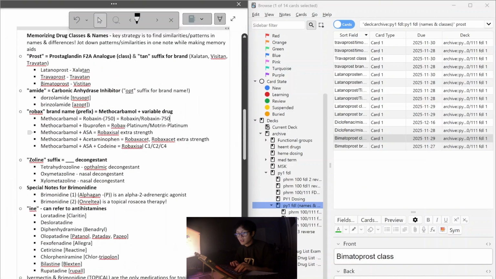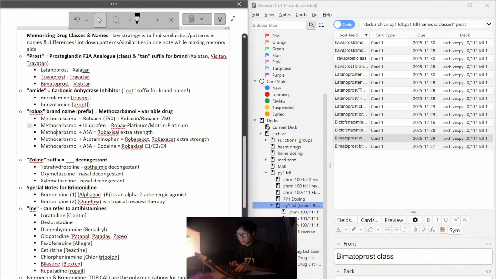And then if we have methocarbamol and ibuprofen, we get Robax Platinum and Motrin Platinum. Okay? Methocarbamol plus acetylsalicylic acid gets you Robaxisal, and so on and so forth. And you can see that the naming pattern is consistent. Okay?